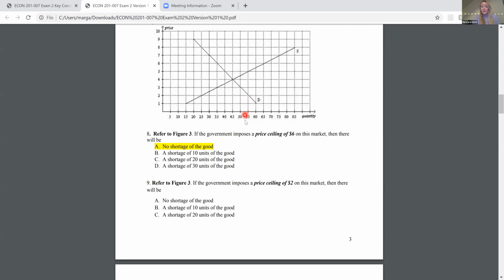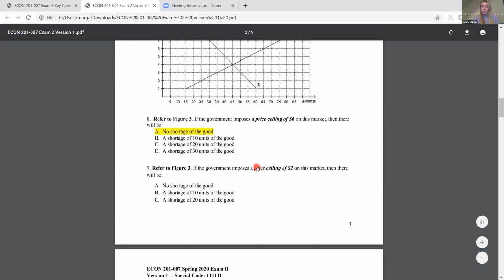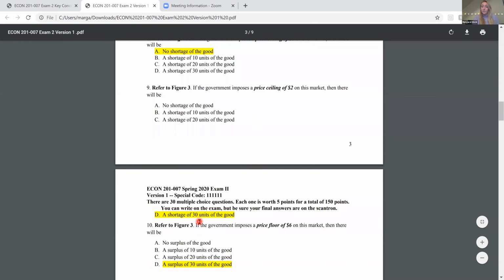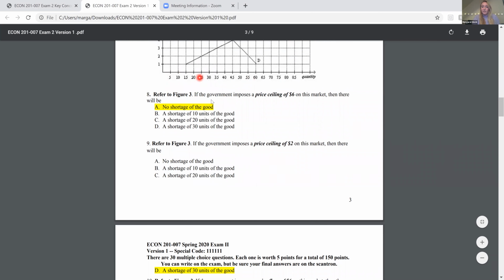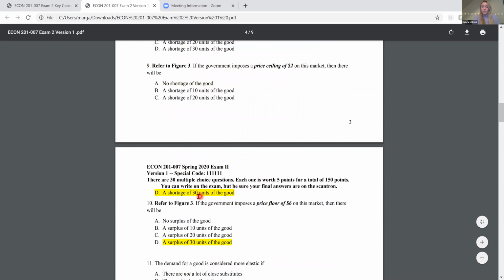So people are demanding 55 of this good or service at this new lower price, but sellers are only willing to supply 25 of this good or service. So people want 55, but there are only 25 available. So that's how you get a shortage of 30. You do 55 minus 25, and you get a shortage of 30.